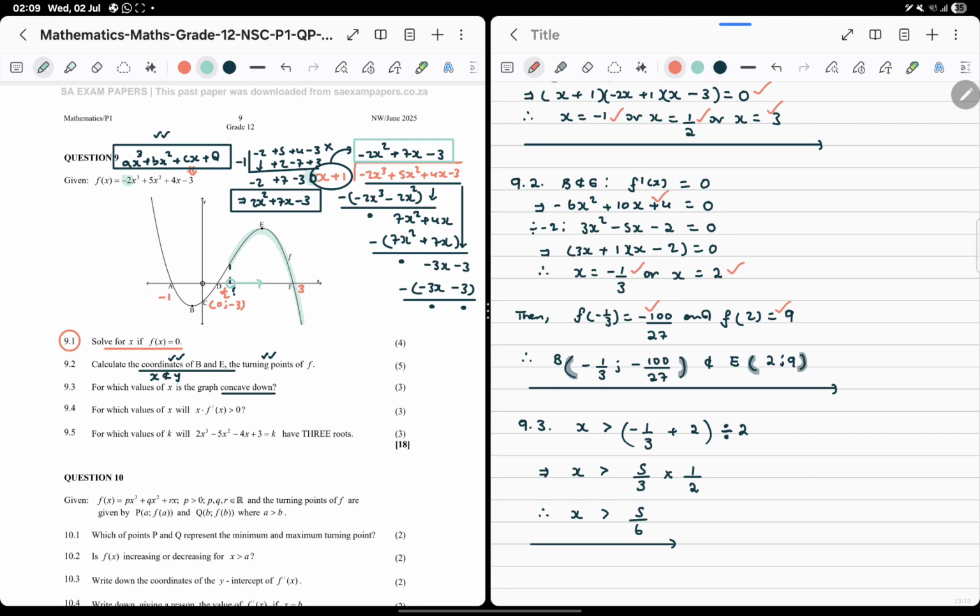Of course, when it says for which values, it's more like determine. So at determination, we can show the steps or we can show the answer. But of course, for me, I would give a mark here for this average business.